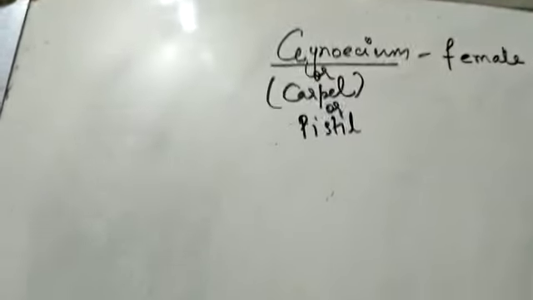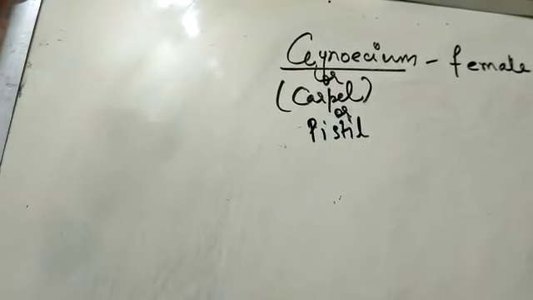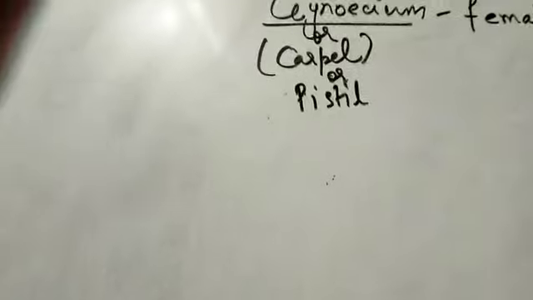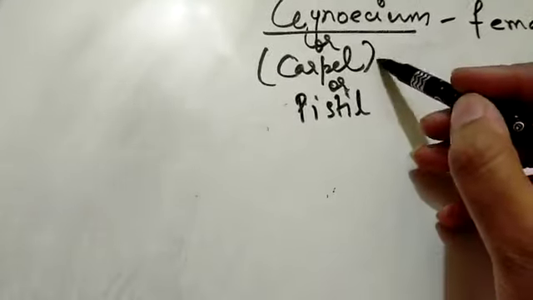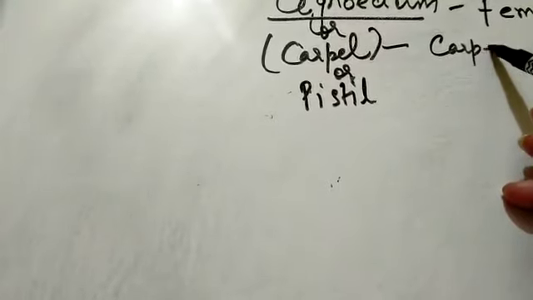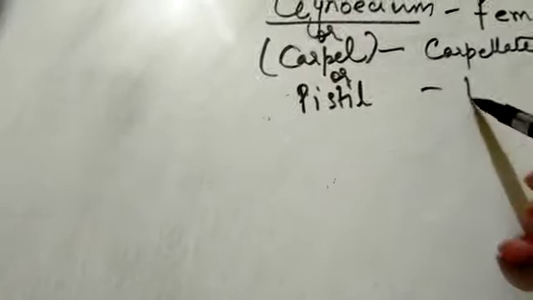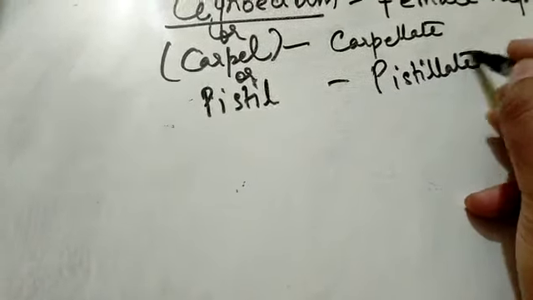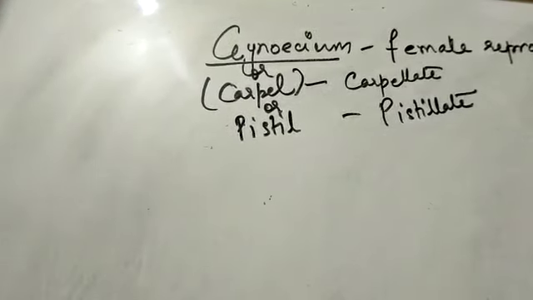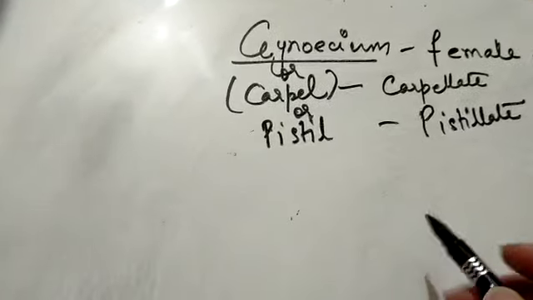And as I told you, in an incomplete flower, if only the gynoecium is present and the male part, that is the androecium, is absent, then it is called carpellate or pistillate flower.